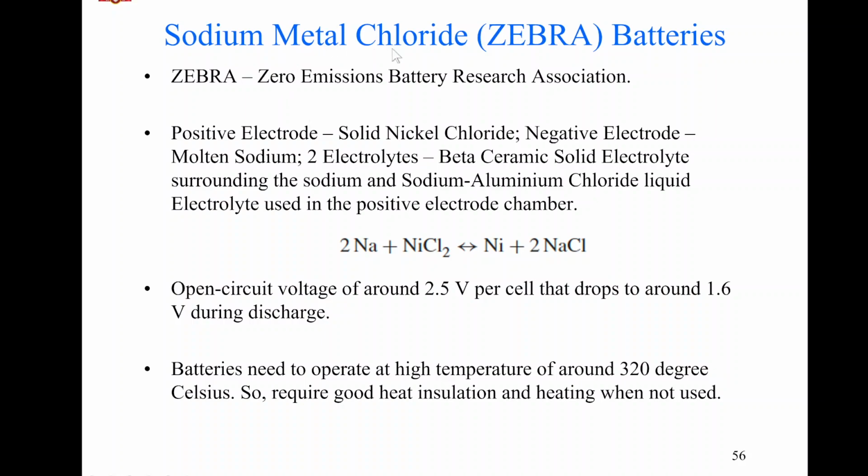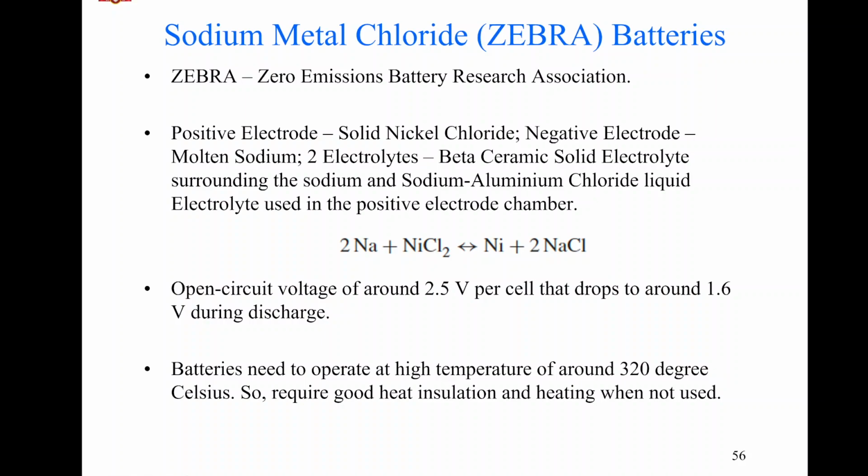Then there are sodium metal chloride batteries. As you can see, we are going closer and closer to the lithium side because sodium is just after lithium in the class of metals. Here the positive electrode is solid nickel chloride and the negative electrode is molten sodium.